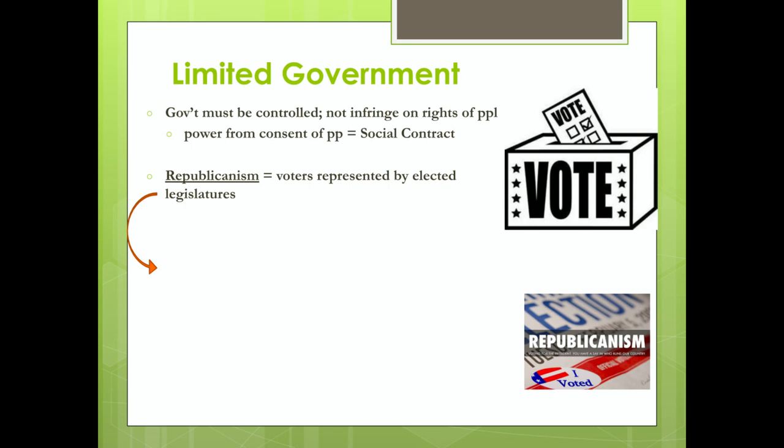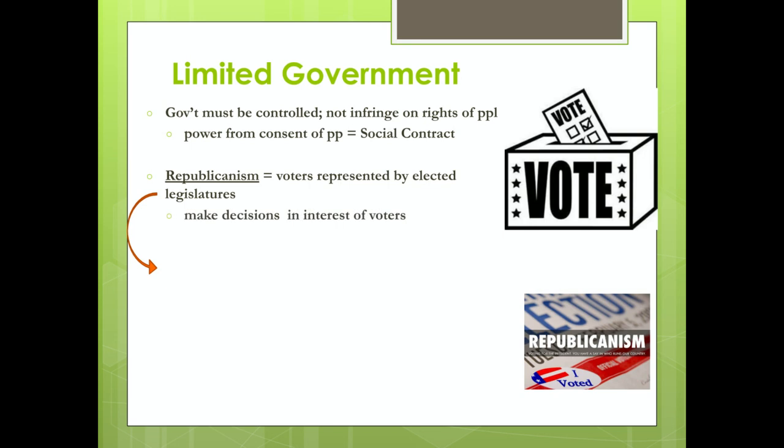South Carolina is divided up into a few different districts, and each one of those districts elects a representative that pretty much carries the ideas of that particular district to Washington to express how their constituents, or their people, feel that live in these particular areas. So when we elect someone, we're electing them to represent us in Washington, D.C. in the House of Representatives. But republicanism is when voters are represented by elected legislatures.